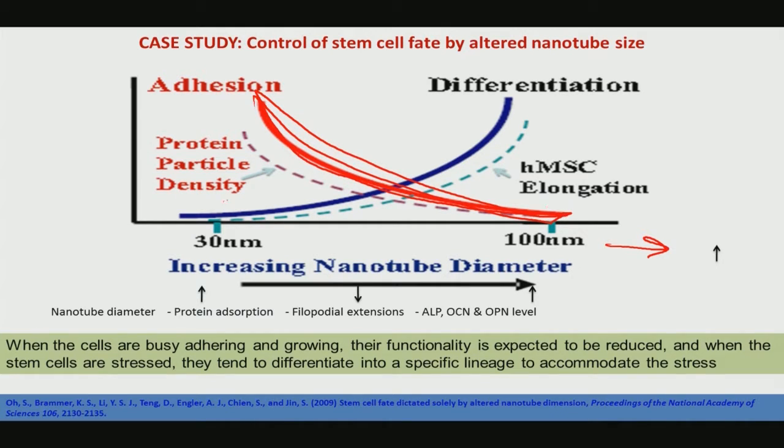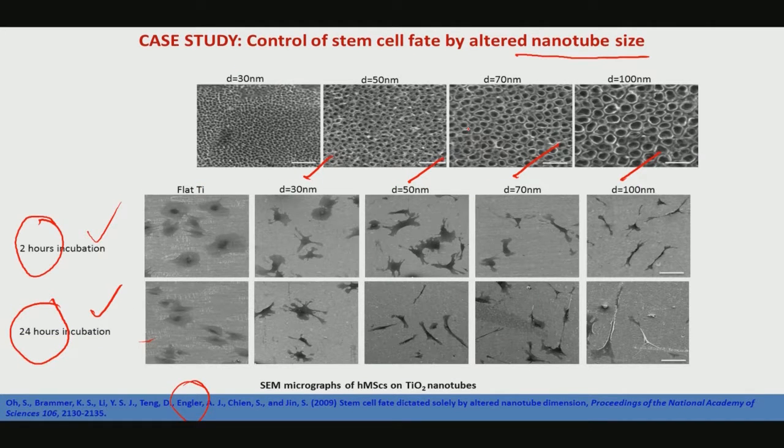Your differentiation is increased when your adhesion decreases. So, what it means is, let us take an example of 100 nanometer. Since the larger the size, the less the adhesion, less adhesion means fewer cells are able to attach to the substrate.